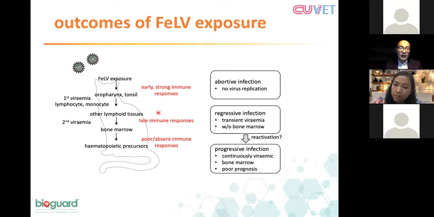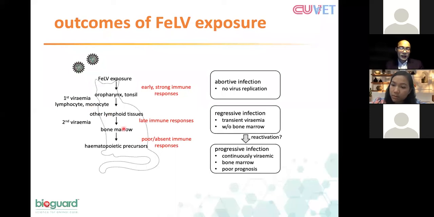At this stage, if the cat can mount a strong immune response, although rather late in the clinical course, it can control and contain viral replication. We call this outcome a regressive infection, in which the cat shows only a transient primary viremia, and replication is stopped before it continues to the bone marrow.